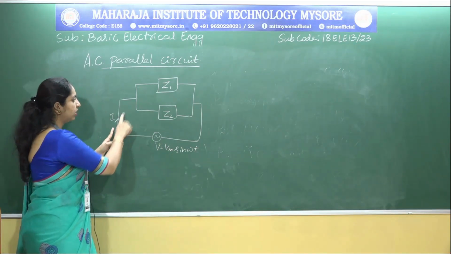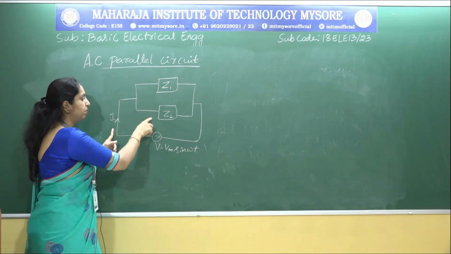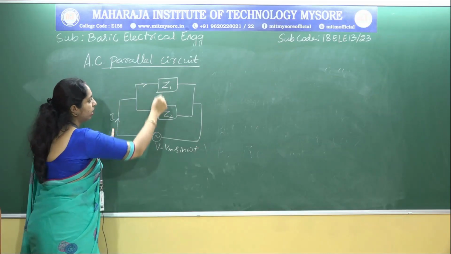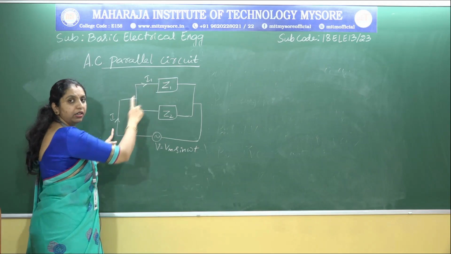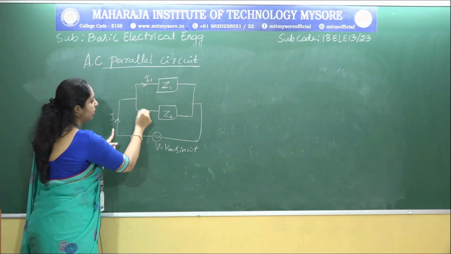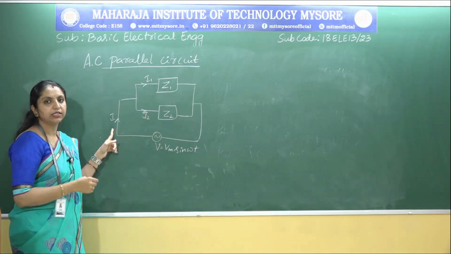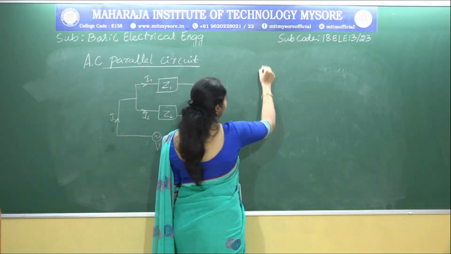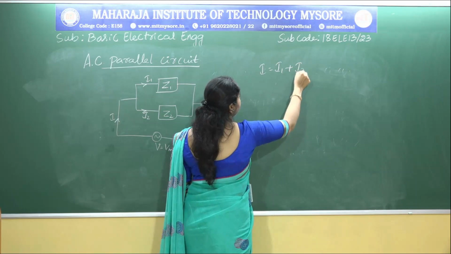You know that these impedances draw a current of I, and since these two are connected in parallel, the total current gets divided over here, so we call this I1 and this I2. By applying KCL, Kirchhoff's current law, we have I is equal to I1 plus I2.